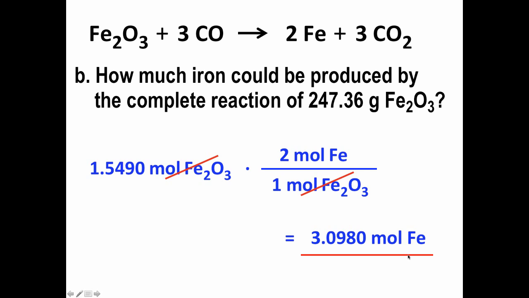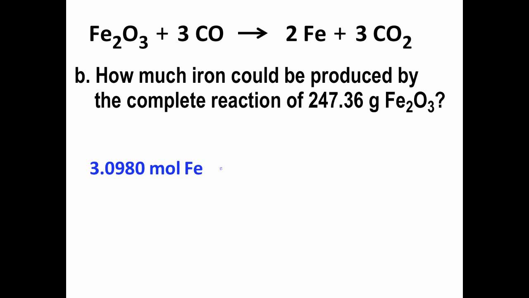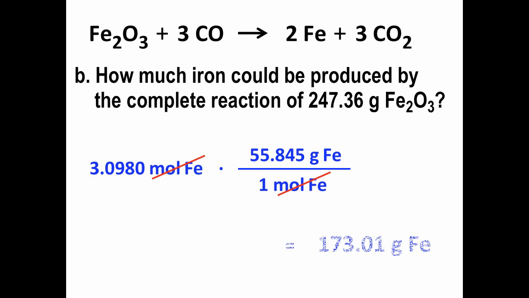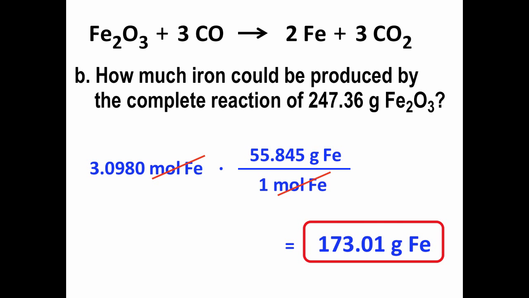But I did say that we're going to want the amount of iron in terms of grams, so we'll continue and do the last step. 3.0980 moles of Fe. 1 mole of Fe is 55.845 grams, and when we do that calculation, we get 173.01 grams of Fe that could be produced by the complete reaction of the 247.36 grams of Fe2O3.